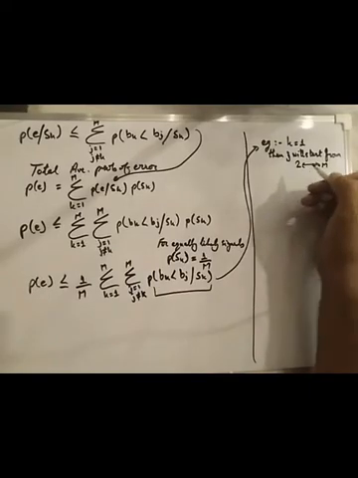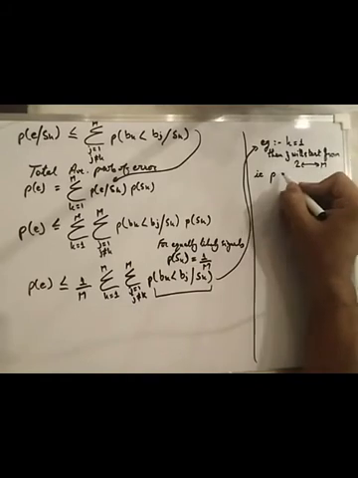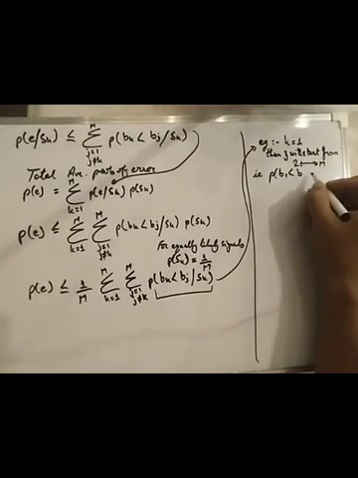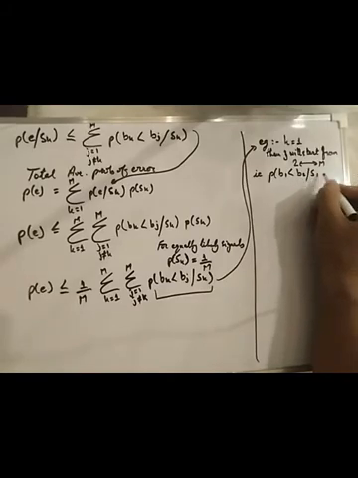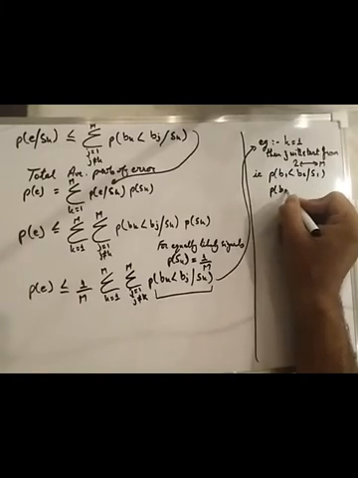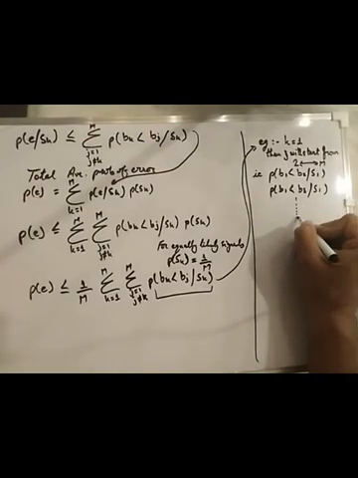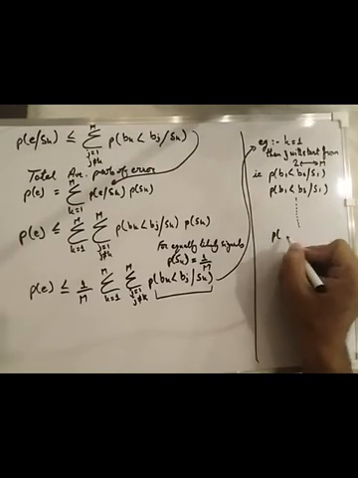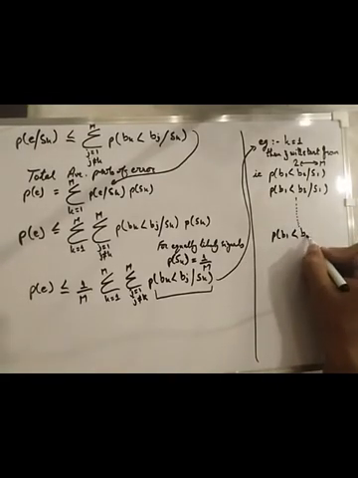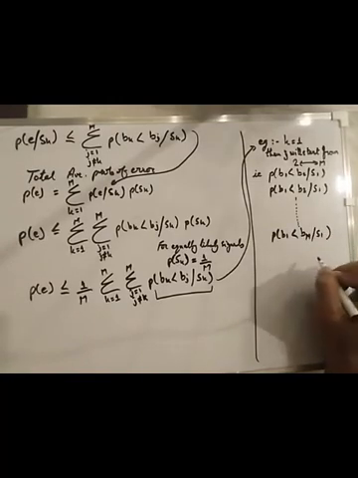So as a result, we get these probabilities: the probability that B1 is less than B2 given signal class S1 sent, and similarly B1 less than B3 given signal class S1 sent, till the probability that B1 is less than Bm given signal class S1 sent, right?